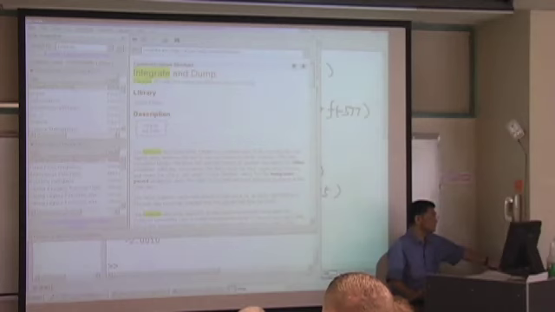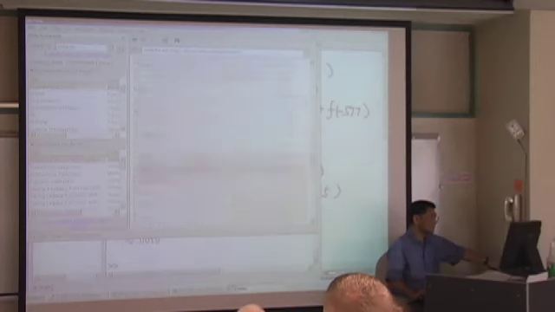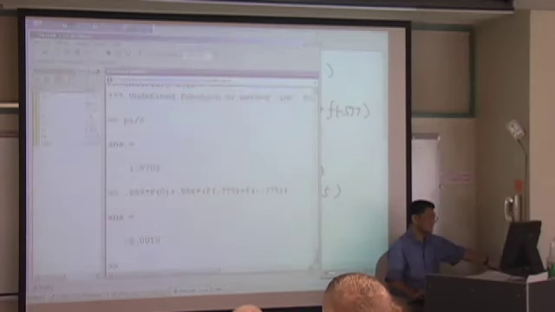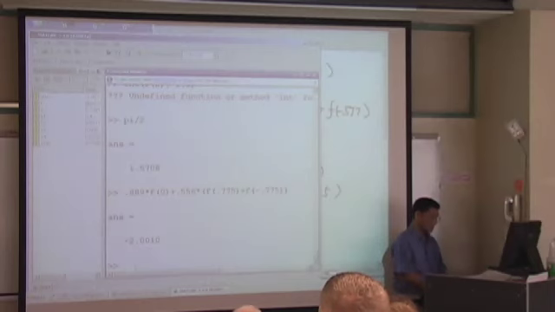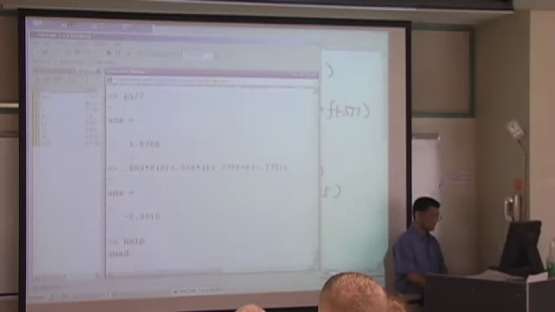So polynomial probably uses a polynomial to approximate. I think it's quad. Type help right here, help, and then space quad, all on the same line.